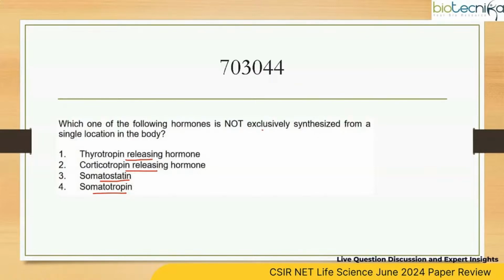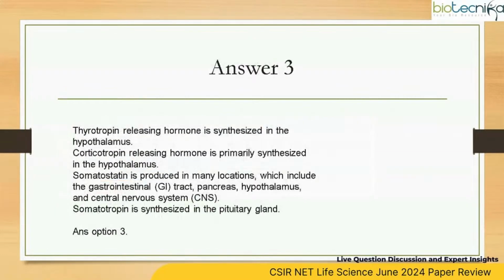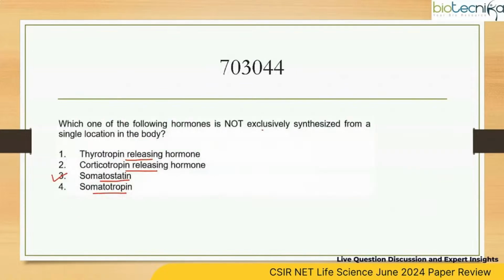Yes, the right answer for this question is somatostatin. If you have gone through the class PowerPoint, we have already discussed this part. Thyrotropin releasing hormone is released from the hypothalamus, just one location.